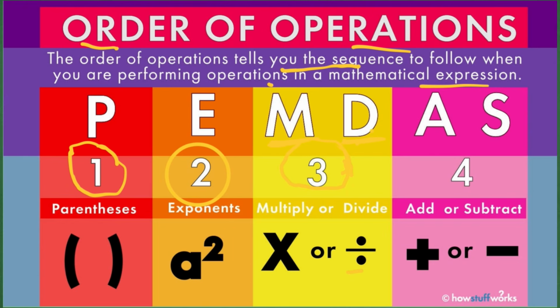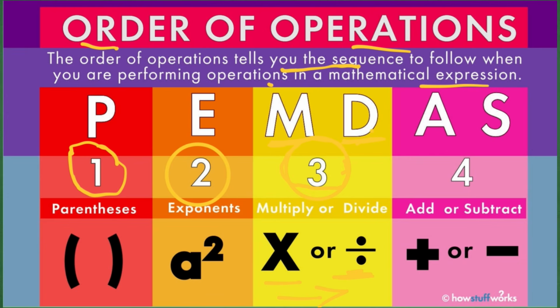After we do all the exponents, we move to multiplication and division. But for multiplication and division, we solve them whichever comes first, right? We solve them left to right, whichever comes first, meaning we may encounter multiplication first, or we may encounter division first. But the idea is we solve whichever comes first in order to get the equation right.